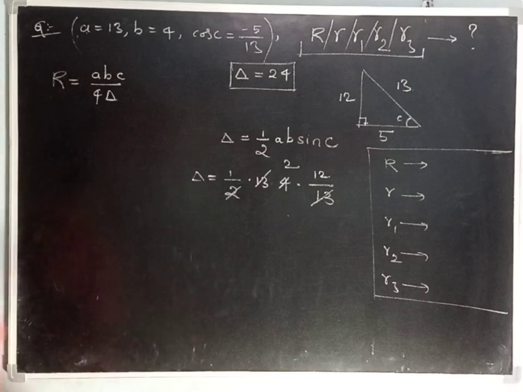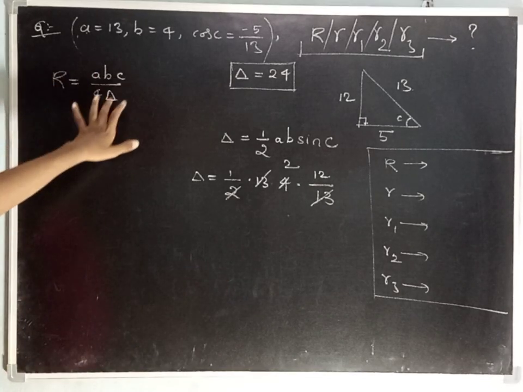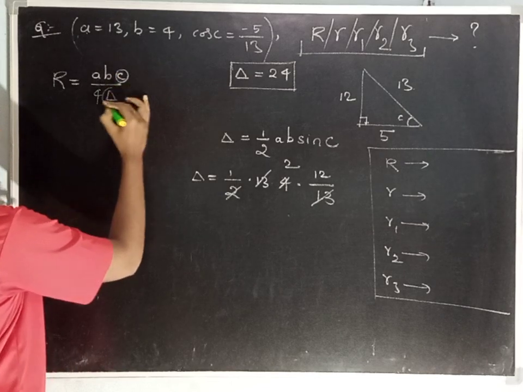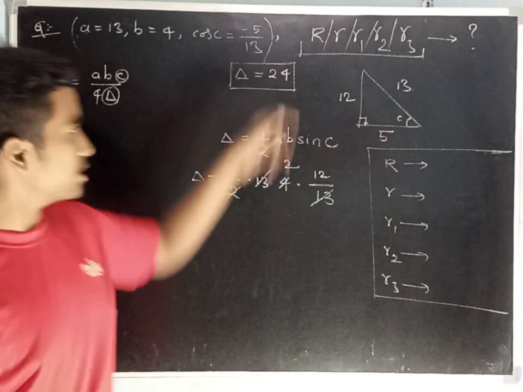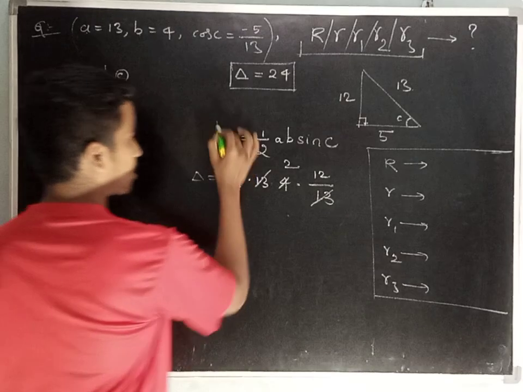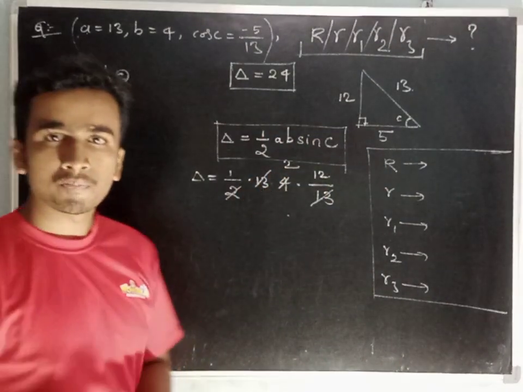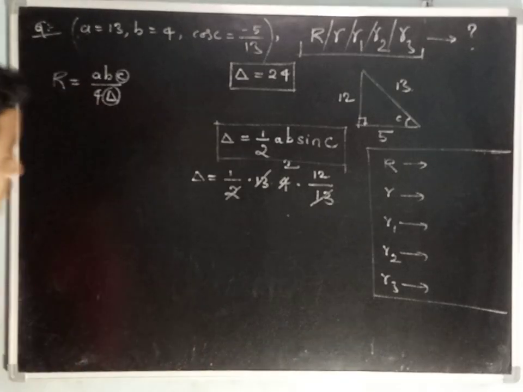For finding capital R, ABC by 4 delta, we need to find two parameters, C and the area of the triangle. We have found the area of the triangle using the basic area formula, half AB sin C.